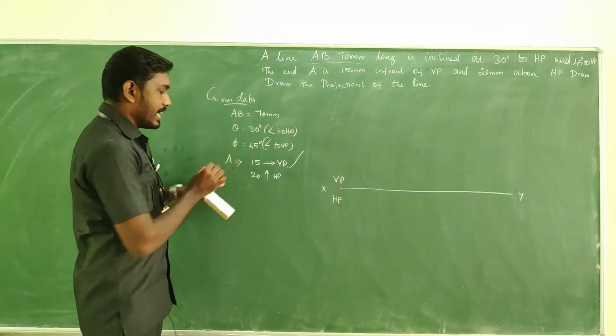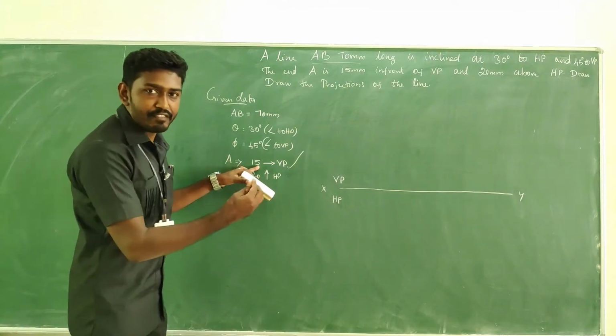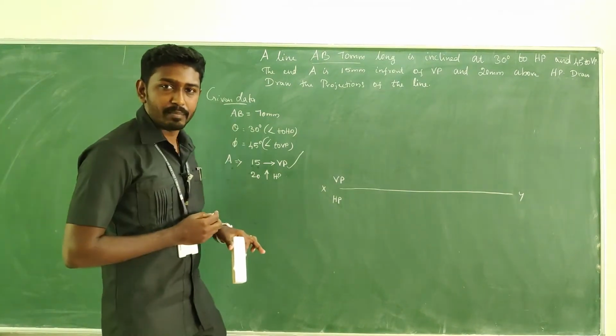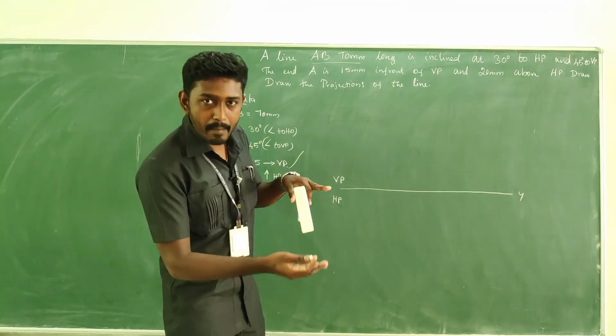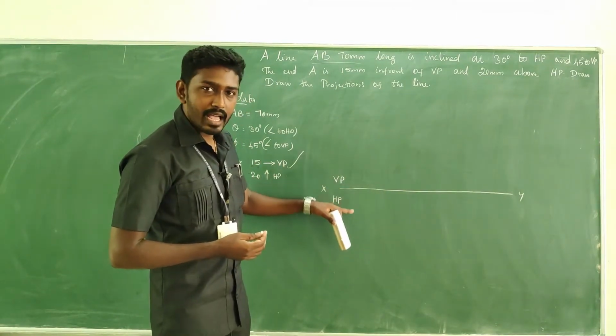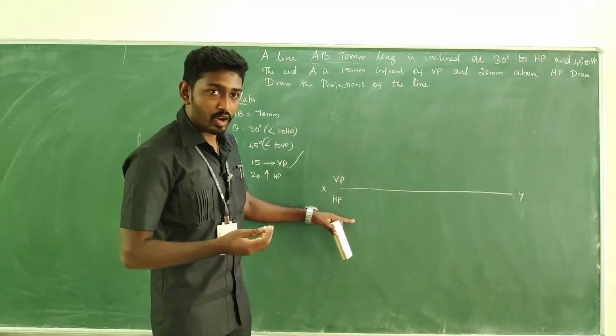One end is 15 mm in front of VP. In first angle projection, if it is in front of VP, it is going to be captured below the reference line, not below HP.